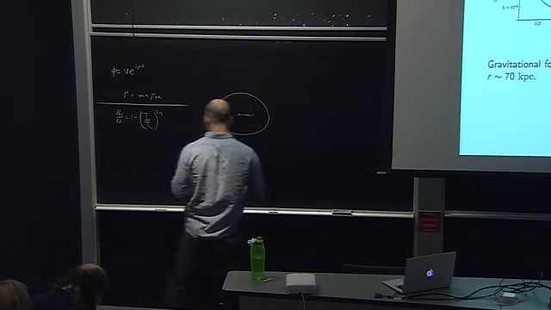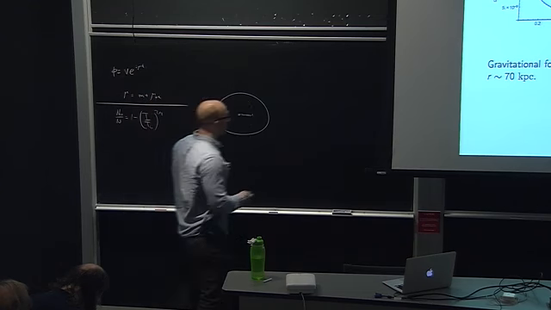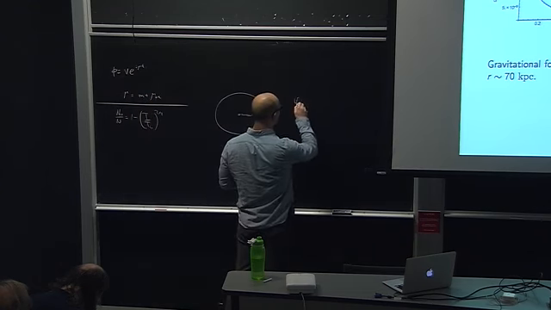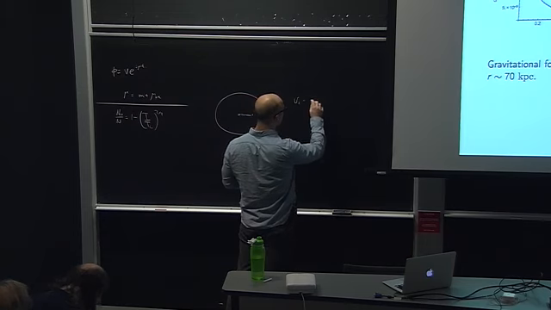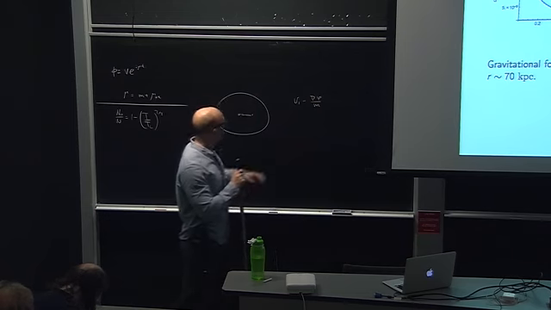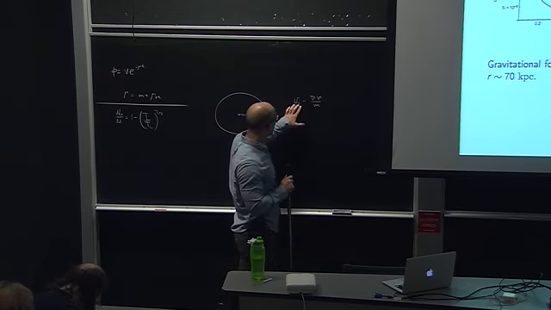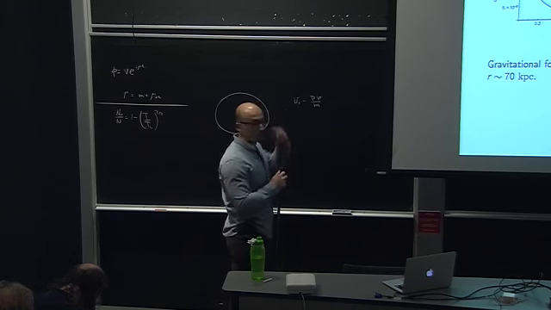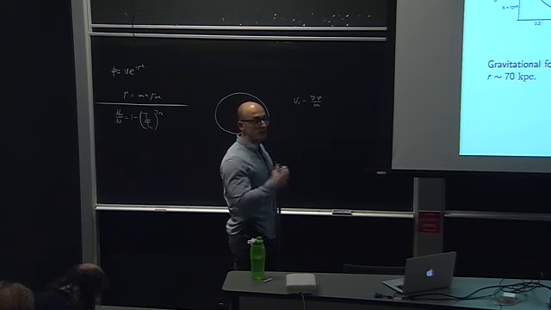So for example, the condition that we checked was that you can associate a velocity to the superfluid, which you can estimate as the gradient of the phase divided by mass. You can check whether this velocity is smaller than the critical velocity of the condensate, and that gives you a lower bound on the distance from the center.